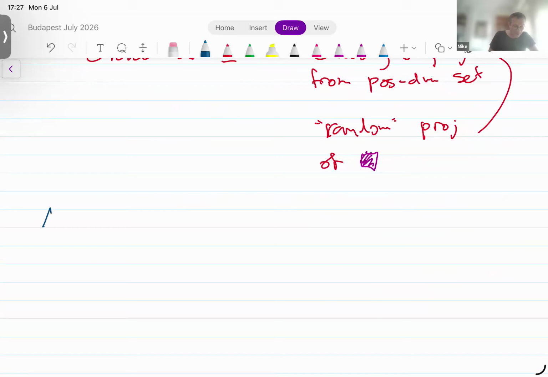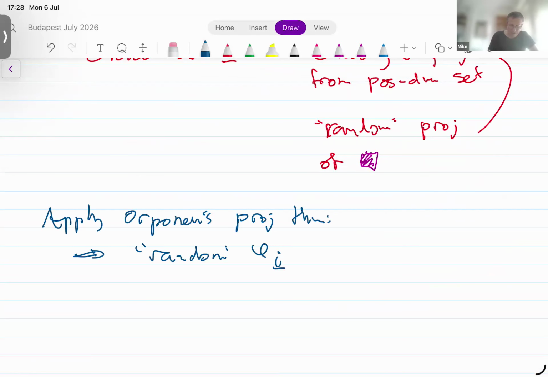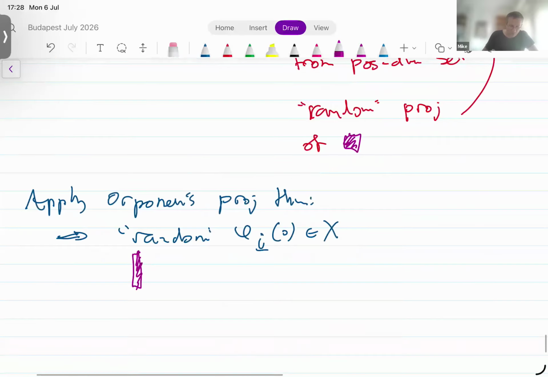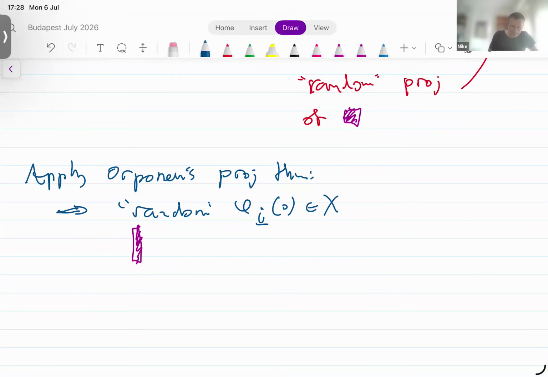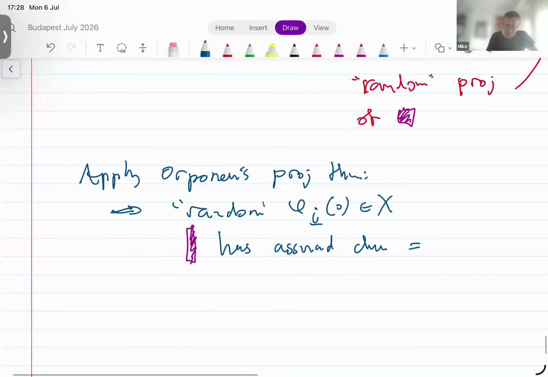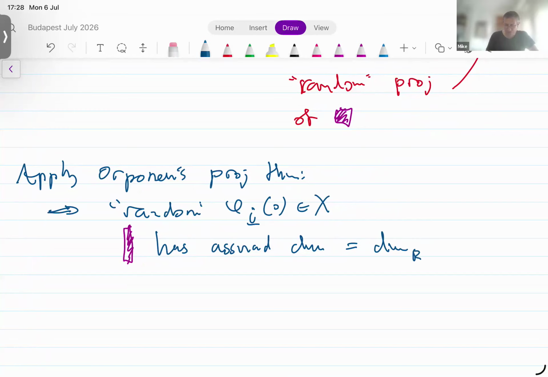The main point is you can apply Orponen's projection theorem and conclude that for a random choice of phi I, which essentially means choosing a point in X according to the self-similar measure, this vertical strip that I drew, well, you have to go to some kind of limit, but it has Hausdorff dimension equal to the box dimension, or the Hausdorff dimension, of the space of all embeddings.